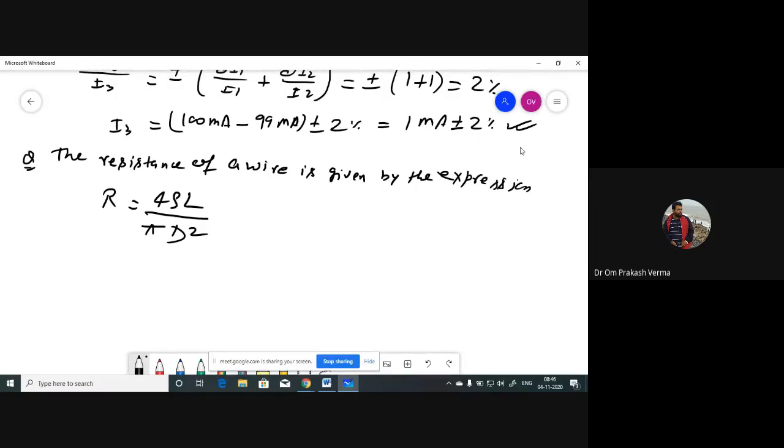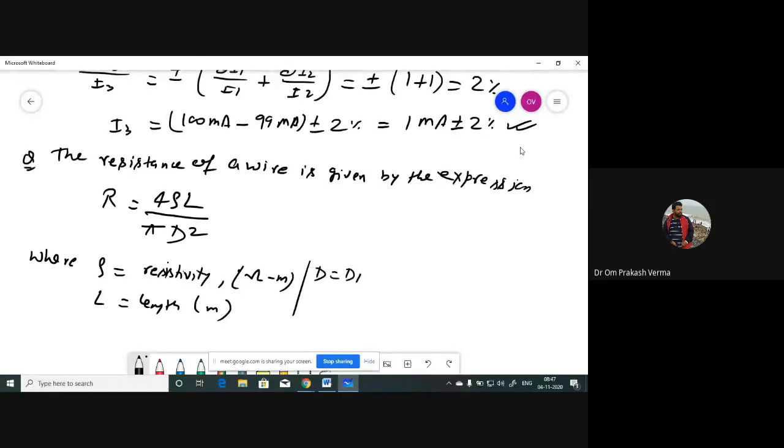Where rho is the resistivity in ohm meter, L is the length in meter, and D is the diameter, that is also in meter.